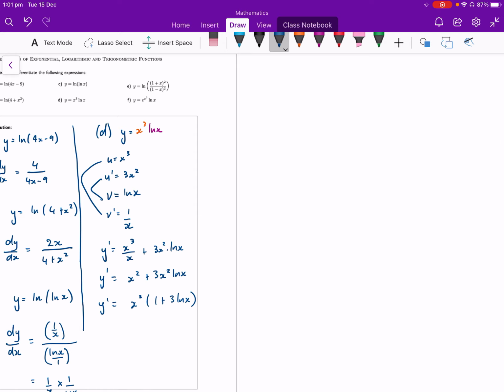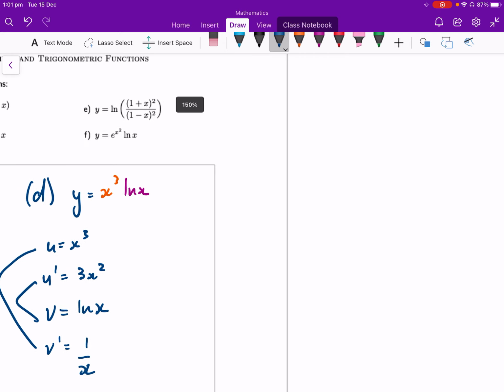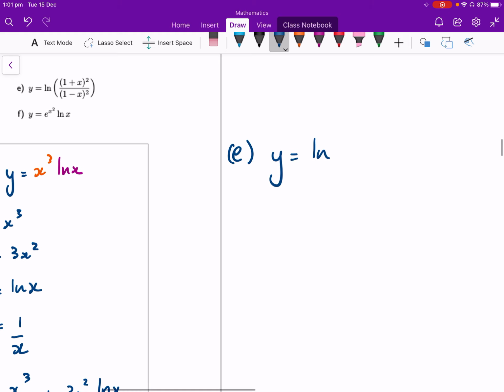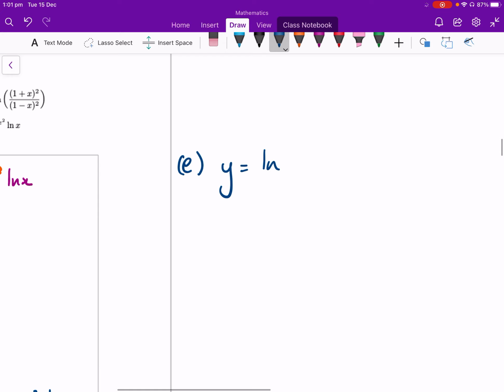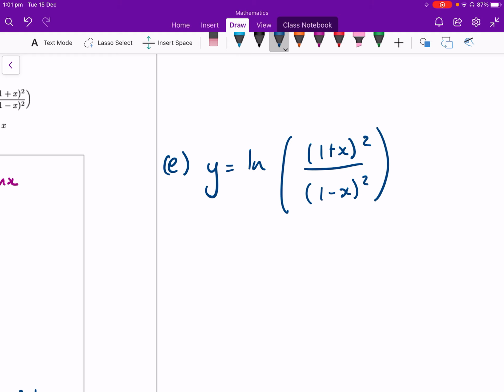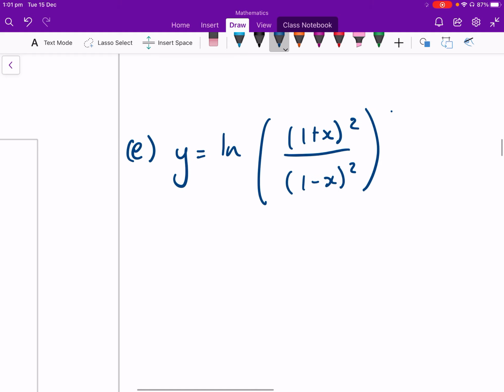So for question E, it looks a lot more complicated, but it's actually okay. So I'm going to have y is equal to ln of two fractions here, (1 + x)² over (1 − x)². For this one here, I'm actually going to use my log laws. So if I have a division here, I'm actually going to subtract these two.